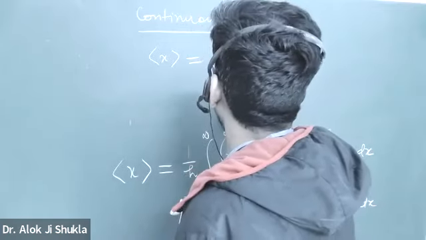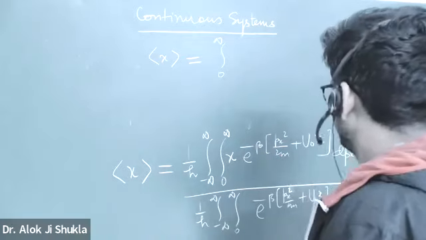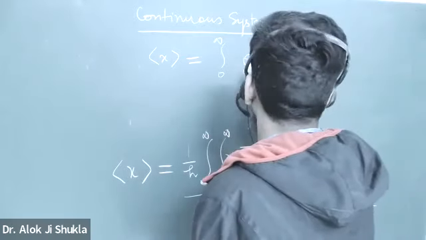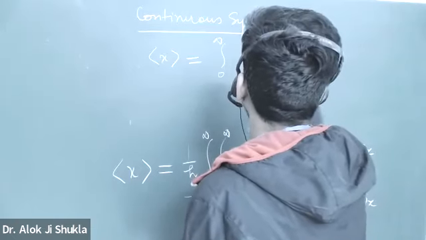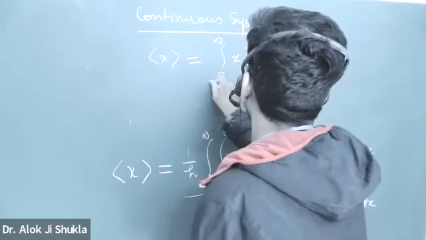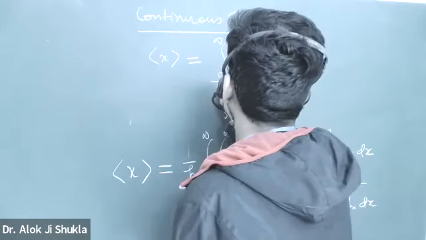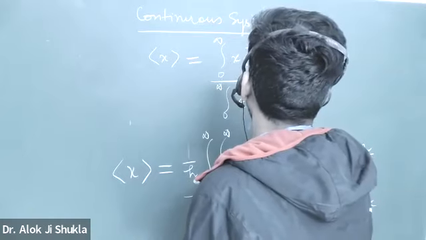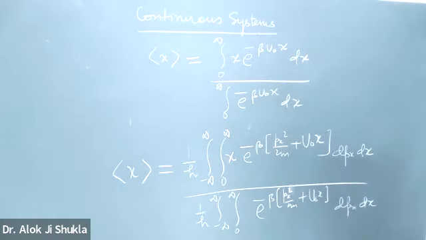It will be only 0 to infinity e to the power minus beta u naught x into x, upon 0 to infinity e to the power minus beta u naught x dx. देखो जरा इसके इक्वल हो जाएगा. It will become like this.